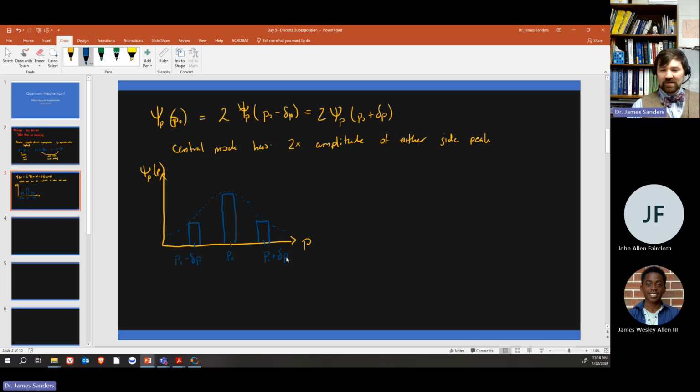Right now we're just trying to build for ourselves a very simple model. What do we expect if we're going to add these things together?